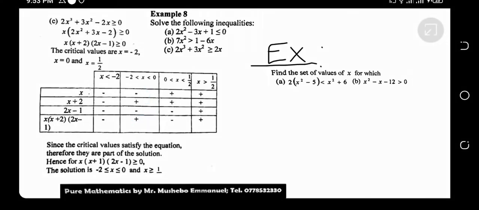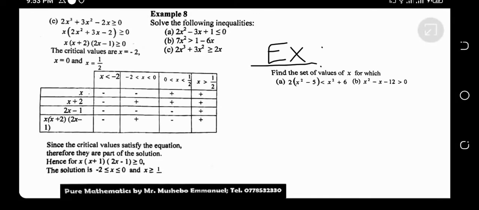Then between 0 and a half, we can pick a quarter, like 0.25. x will be positive. 0.25 plus 2, we get a positive answer. 2 times 0.25 minus 1, that is 0.5 minus 1, we get a negative answer here. So positive times negative, we get the final sign as what? Negative.